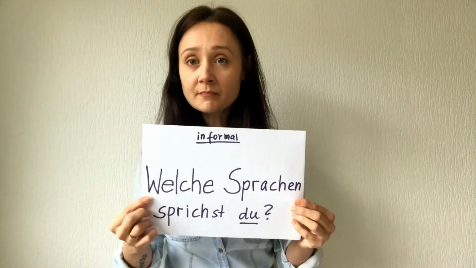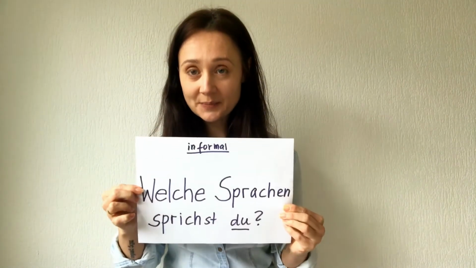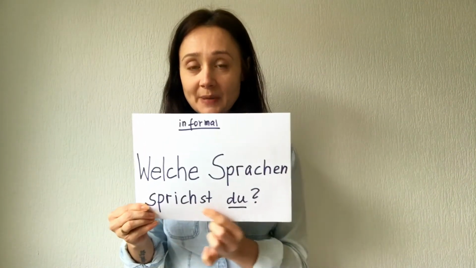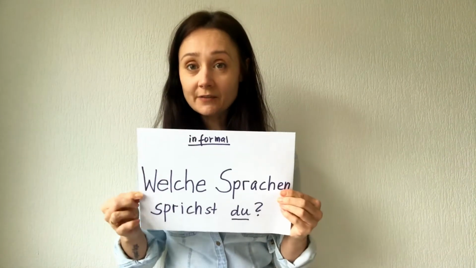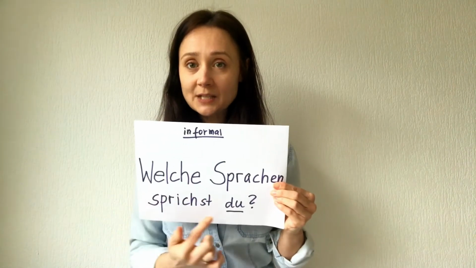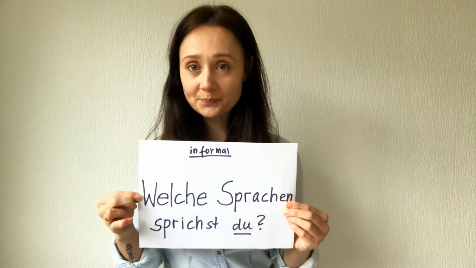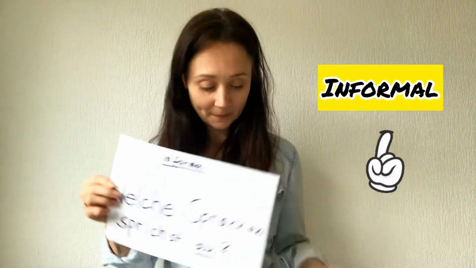So to make a question, what languages do you speak? We simply say, welche Sprachen sprichst du? Speak you, if you translate word by word. Welche Sprachen sprichst du? This is the informal way of questioning.